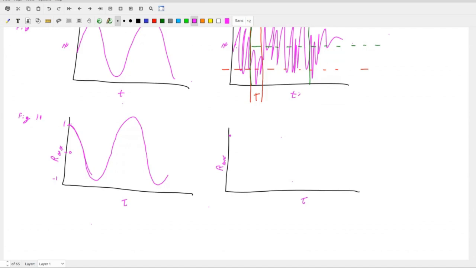There's no correlation because it's a purely random signal. Does that make sense? So if you look at figure 11, it's a spike, and it's kind of messy like this because it's actually calculated. But a theoretical one would be right down the middle at 0, right? And that's because, think about it, there's no correlation in a random signal. Your previous data point has absolutely nothing to do with your data point before.